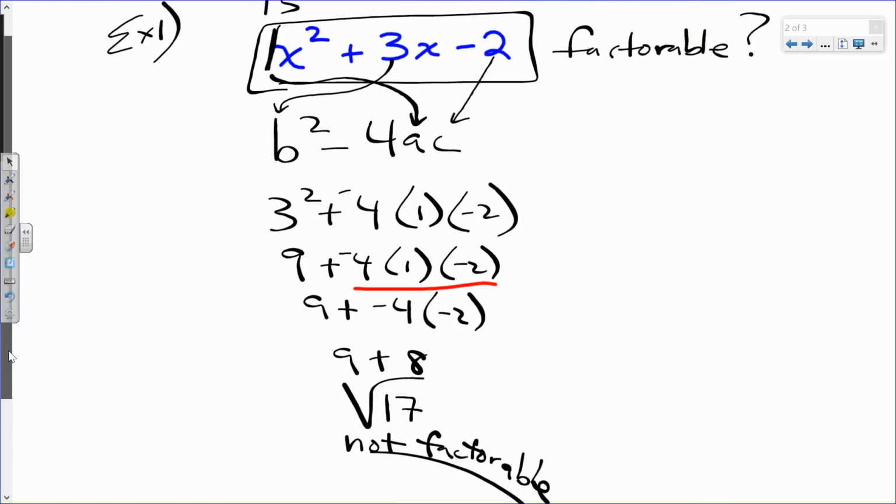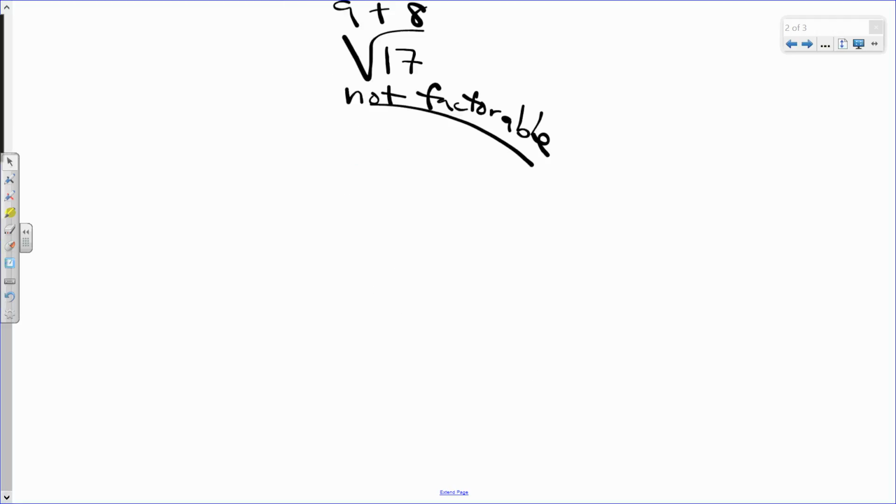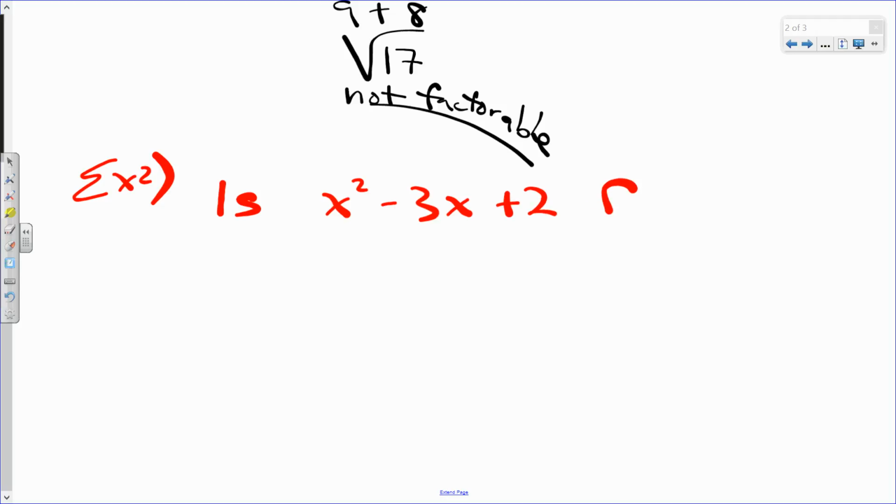Cool. One more example. Actually, 2 more. Here we go.